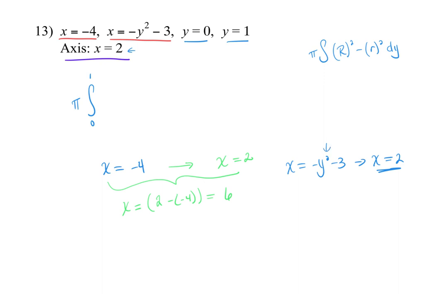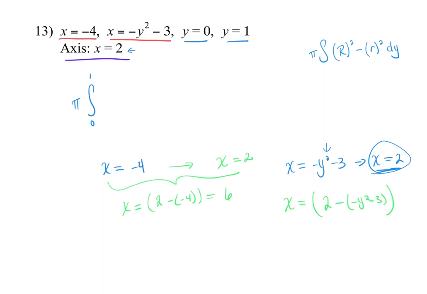This guy is going to be a negative number, because I'm going to have some fraction squared minus 3. Any number squared is going to be positive, then I'm going to negate it, then I'm going to subtract 3. So again, this is first. So now my second function is going to be 2 minus (-y squared minus 3).